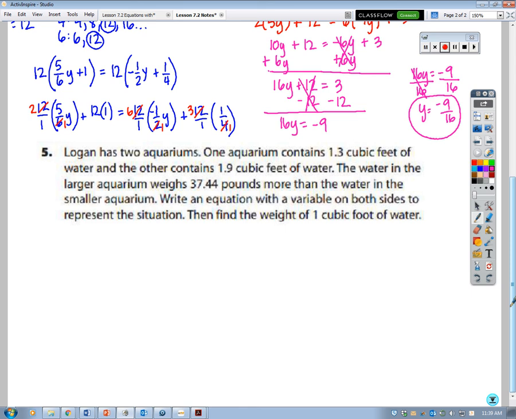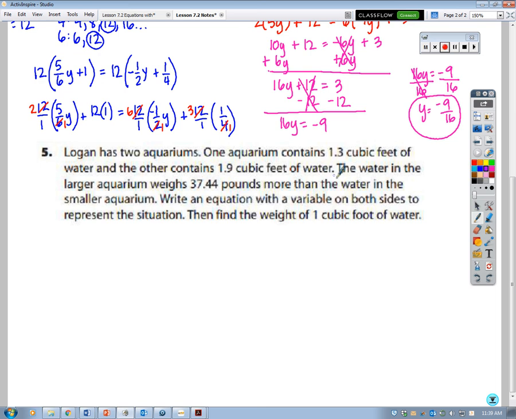So this last one that we're going to go over is a real-world situation. So the first thing we're going to have to do, we know from our experience, is pull out the equations and set the equations equal. So we've got Logan, who has 2 aquariums. One aquarium contains 1.3 cubic feet of water, and the other contains 1.9 cubic feet of water.